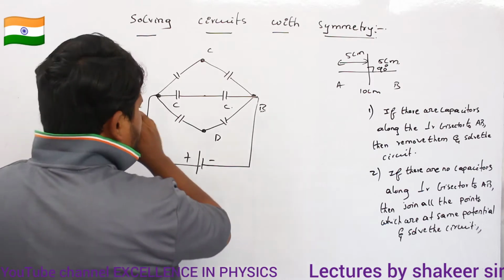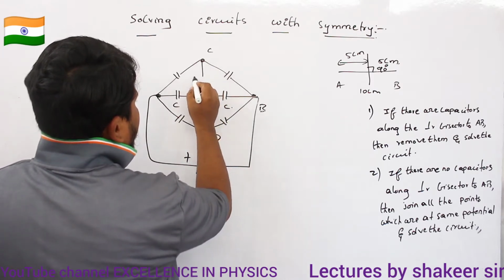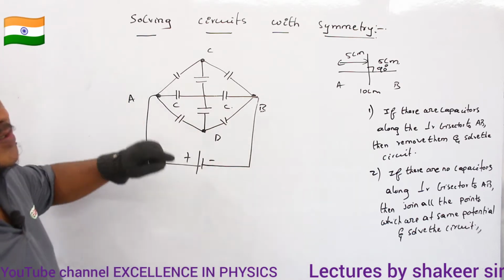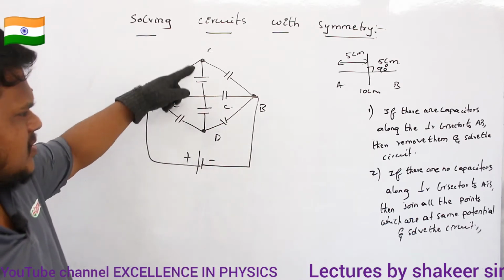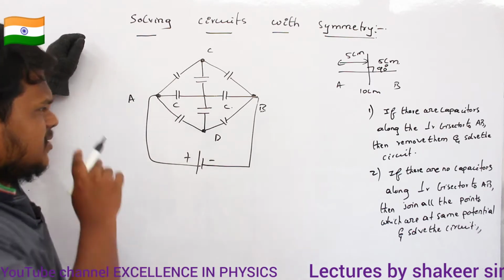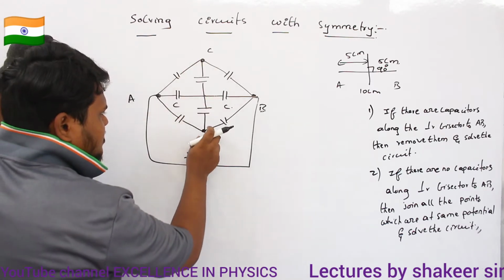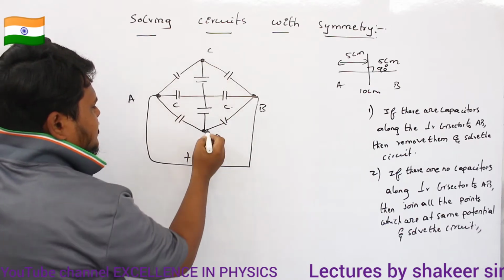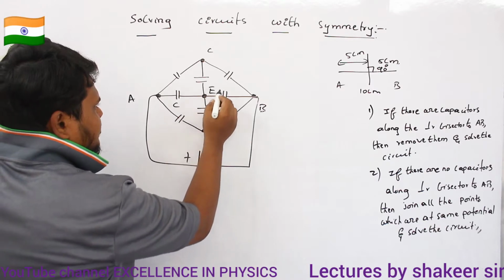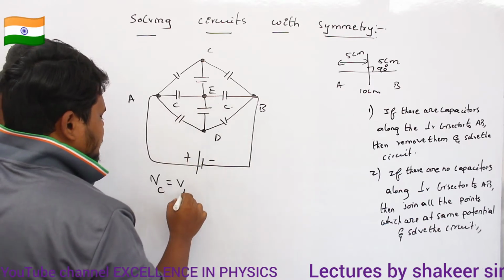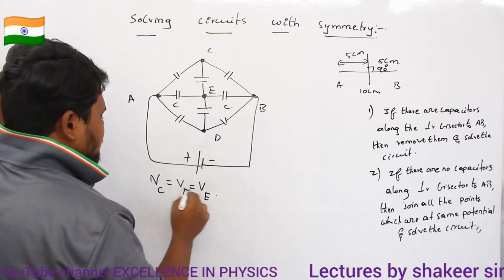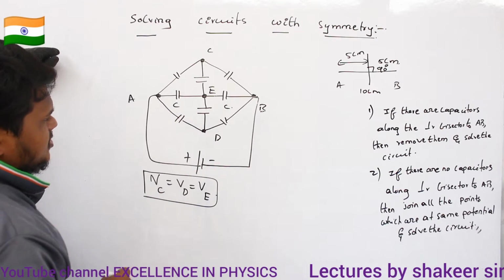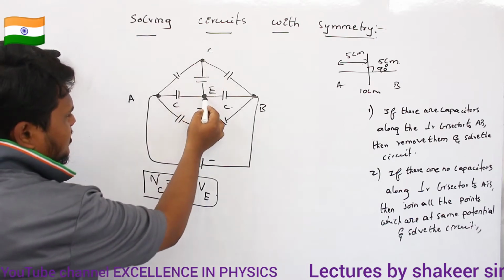Now for example, if I draw a circuit like this, how can I solve it? Very simple. All the points present along this line CD are equipotential points. So this point C, this point D, and this point E: the potential at point C equals the potential at point D equals the potential at point E. All of them must be at the same potential. If all of them are at the same potential, can charge travel from here to here? Charge cannot travel.